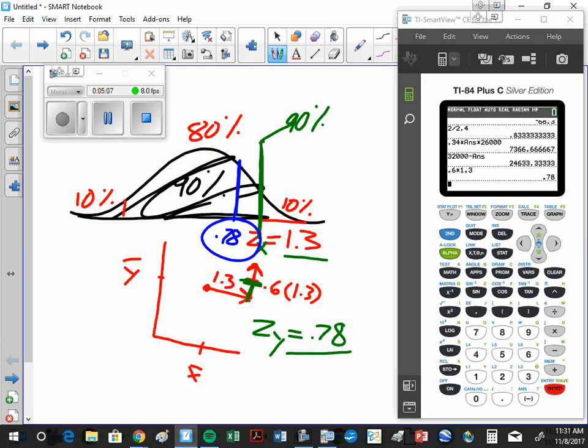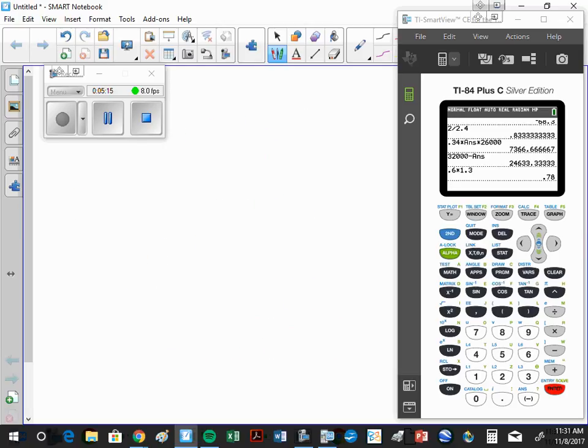I think did they mess that up? Let's look again. What page are you on? A62. Okay. Yeah, 0.8, that's what we got.